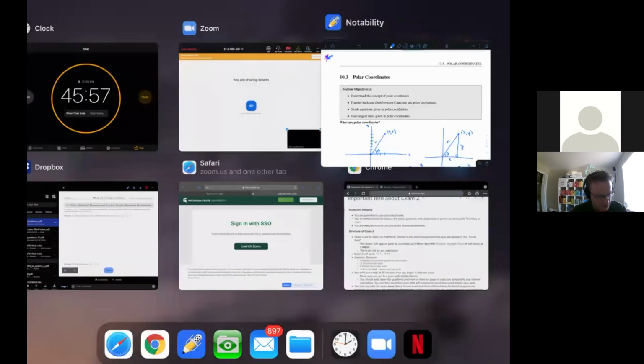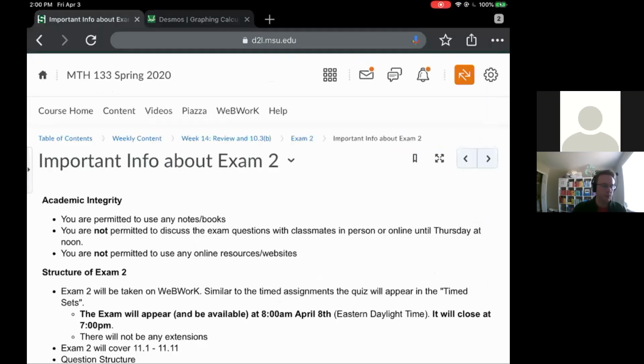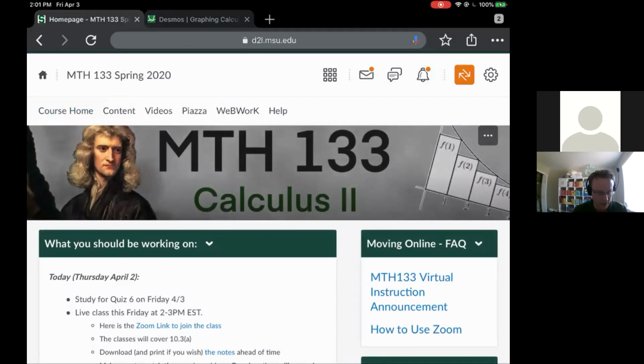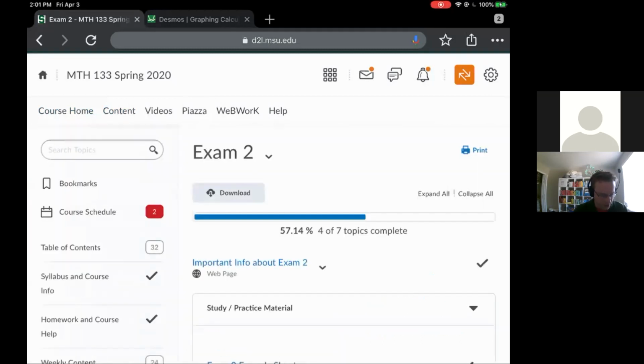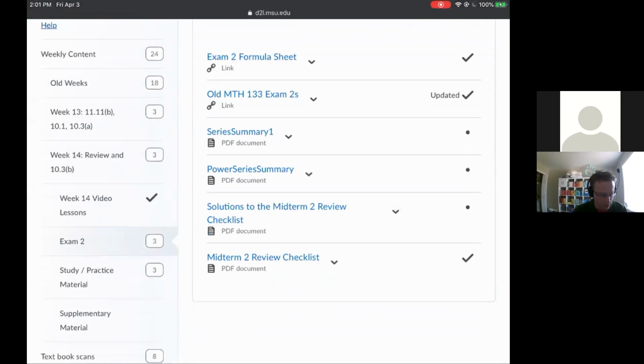Also related to that, I have here on our D2L page, and let me show you how to get to this. If I was at the course home, what I would want to do is go over to the content, and we'll probably be making a nice link to all of this in the near future as well. On the left-hand side, you can see that under week 14, we of course will have some lessons.